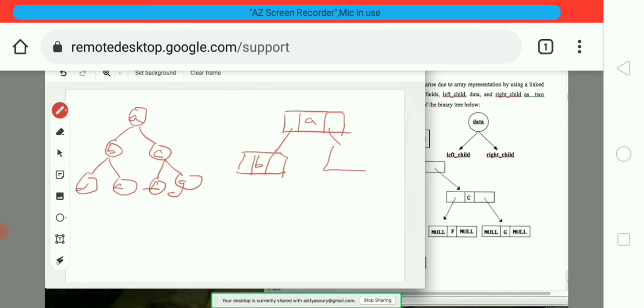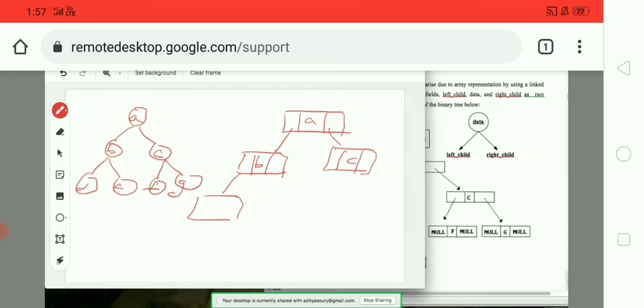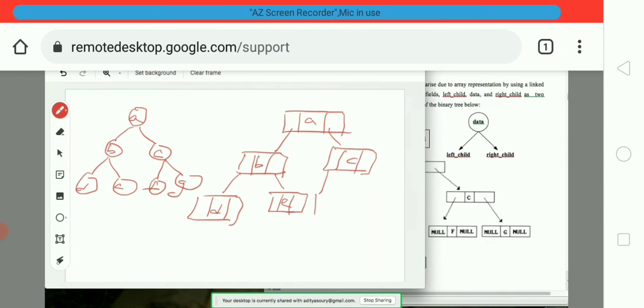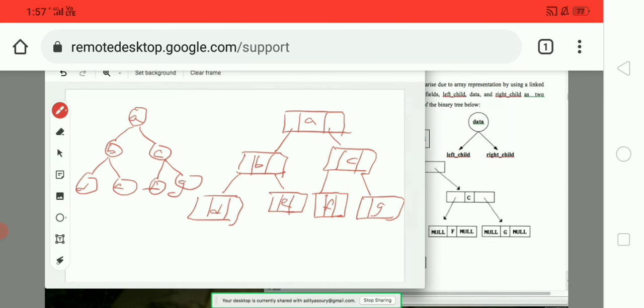So B, C, D, F, G. So for the left side, here it stores the address of the B element, here the address of the C element, and here the address of the D element.